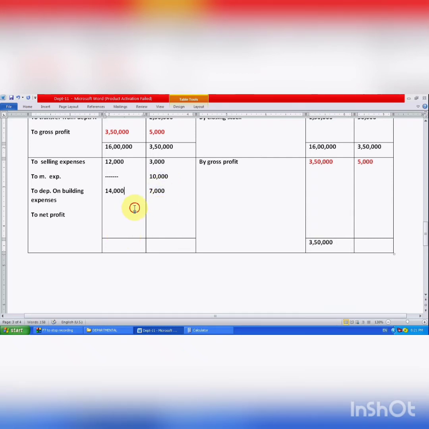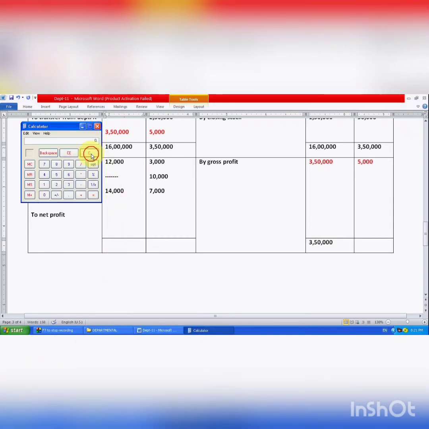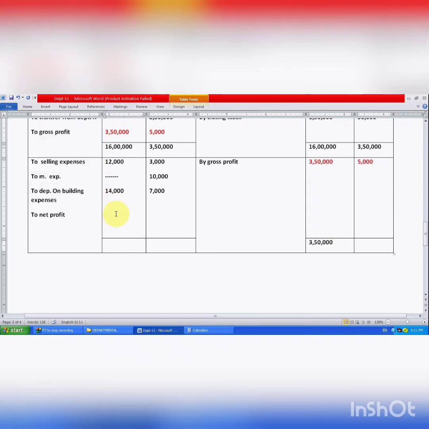So first write profit. For net profit, calculate net profit of X department. 3 lakh 50,000 minus 12,000 minus 14,000 means 32,400. How much are we getting? 32,400.